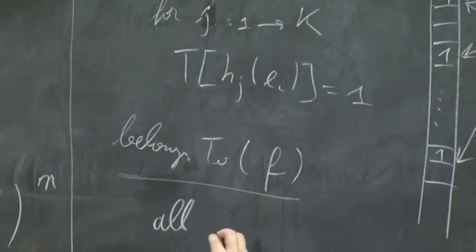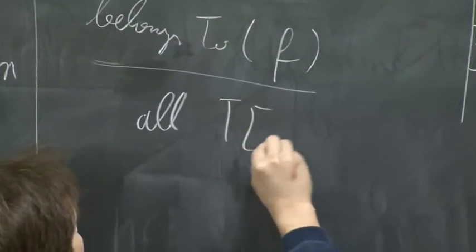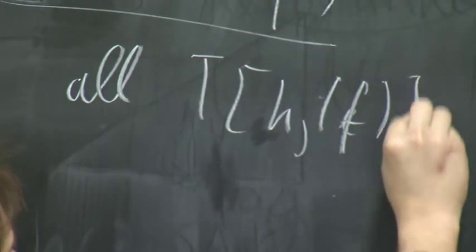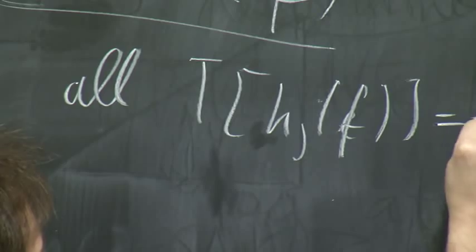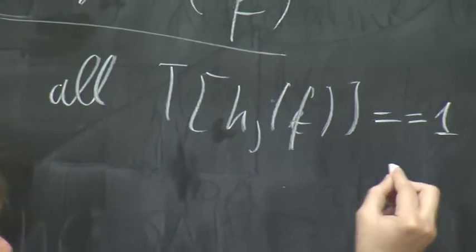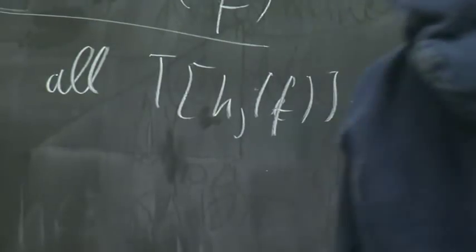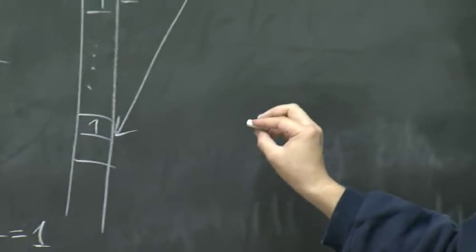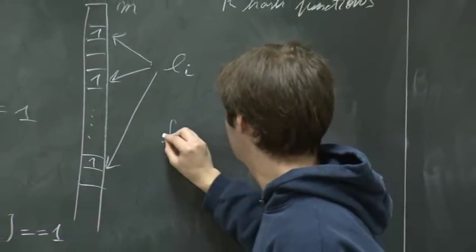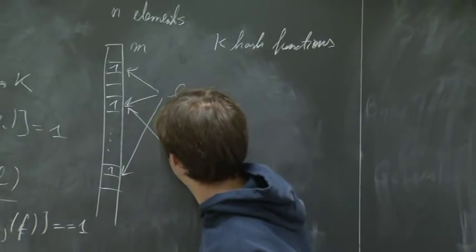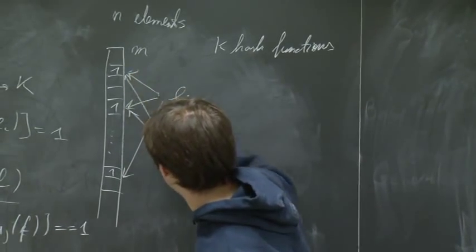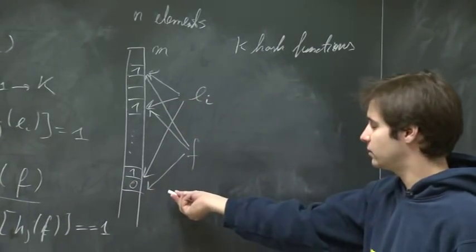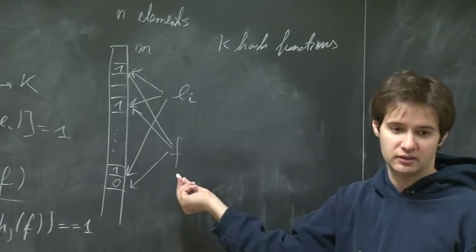So all of h_j of the element have to be 1. For every element, we hashed it k times and set the corresponding bits. If we have a new element, and by hashing it we get here and here, but we also get here, and this one was a 0, then we know we definitely didn't put this in.